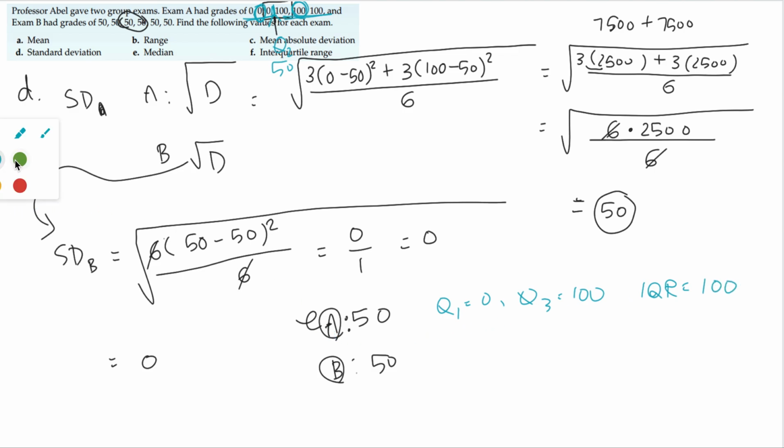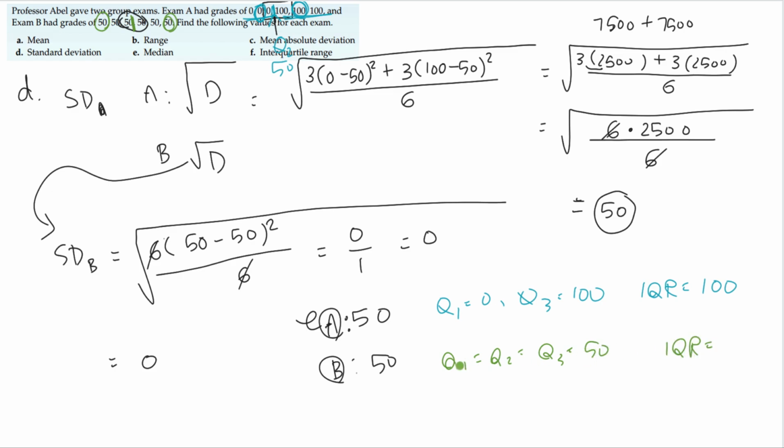For exam B, we know Q2 is 50, Q1 is also 50, and Q3 is also 50. So Q1, Q2, Q3 are all the same, 50. Then what's the interquartile range?